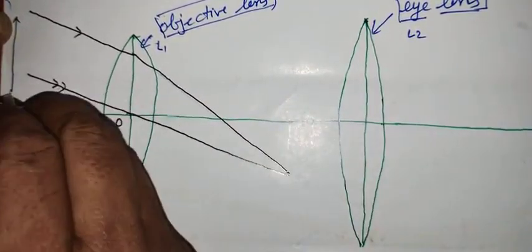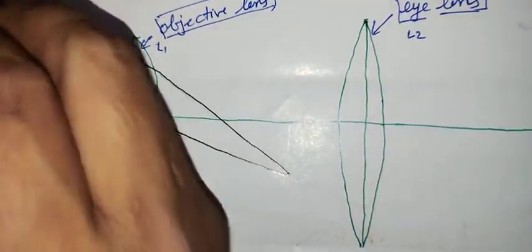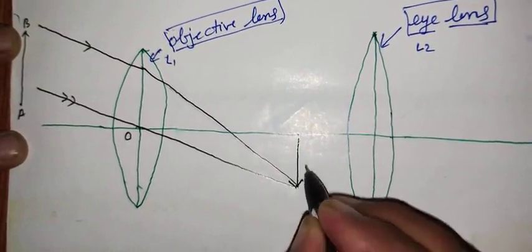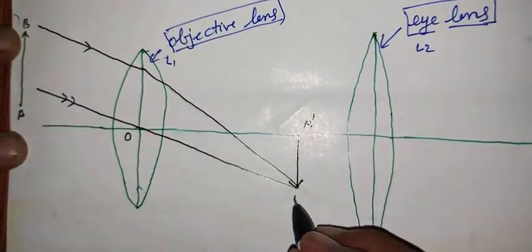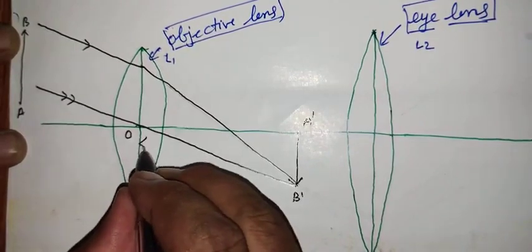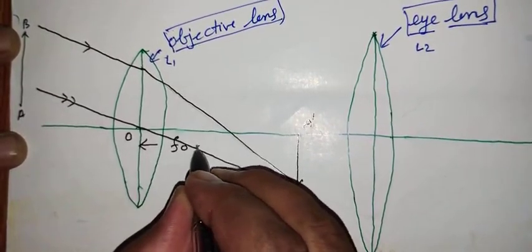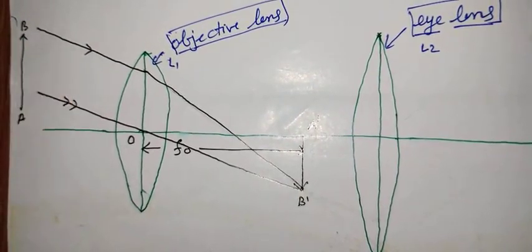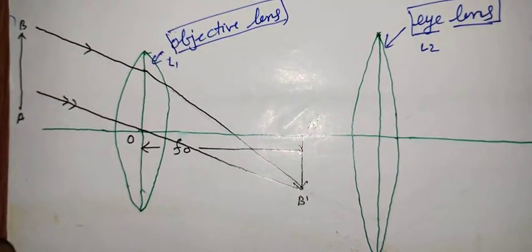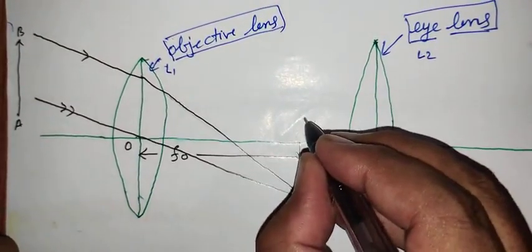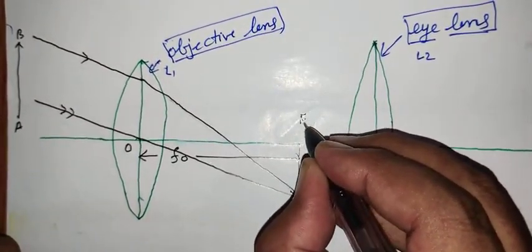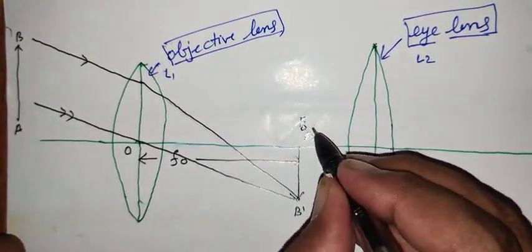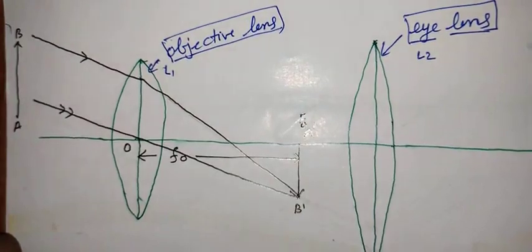So the large object AB has its image formed here, A'B', at distance FO from the objective lens. It means it is formed at the focus. This point A' is also named F, the focal point of the objective lens. A' and FO are the same point.